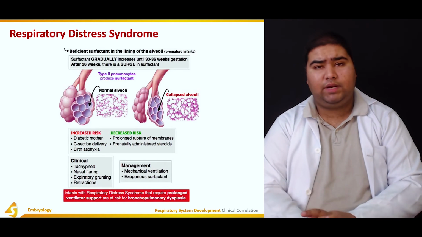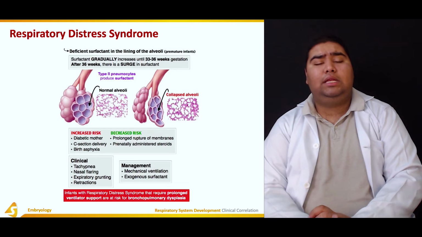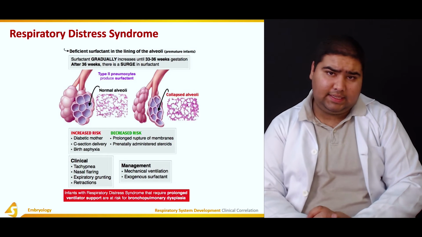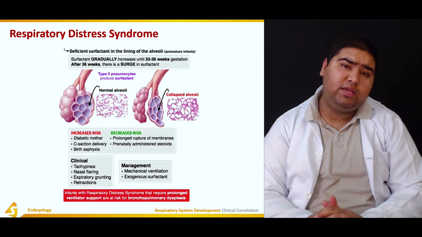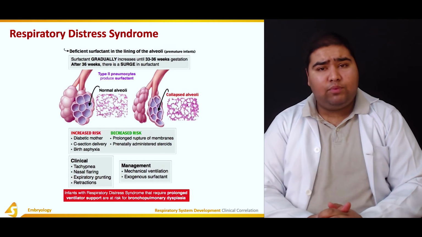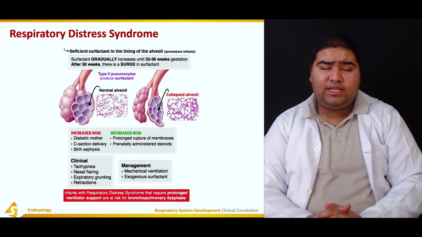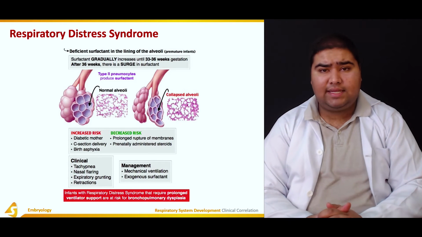So now the respiratory distress syndrome. We talked about 2 types of cells in the fetal lung or in an adult lung. These were the type 1 pneumocytes and the type 2 pneumocytes. Type 1 pneumocytes are thin walled cells which line the adult alveolar sacs and help in gaseous exchange.